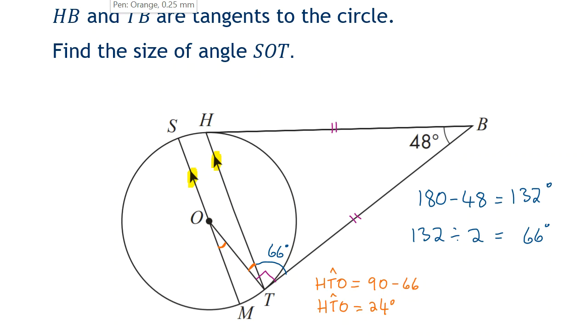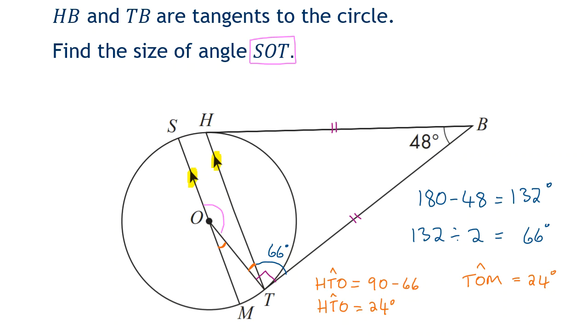So we just said HTO was 24, and angle TOM is also going to be 24 because of the alternate angles. So TOM is also equal to 24 degrees. Now, has this helped us in any way? Well, we haven't even really decided what it was we were aiming for. It was angle SOT. Angle SOT is this one here.